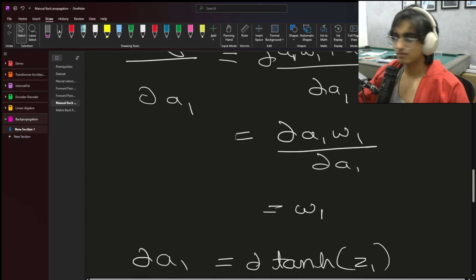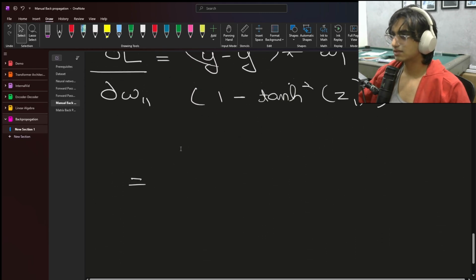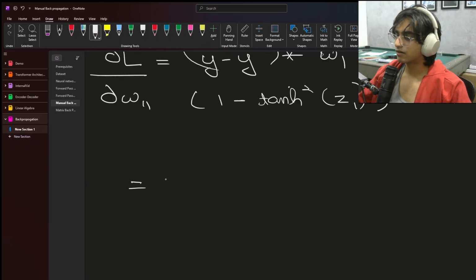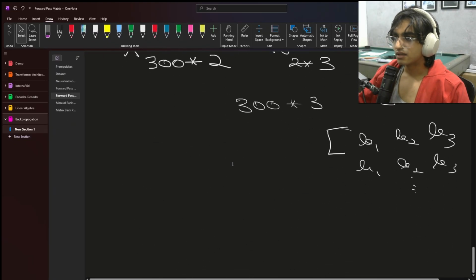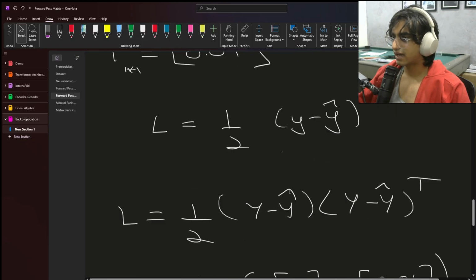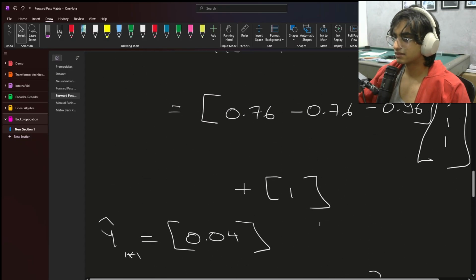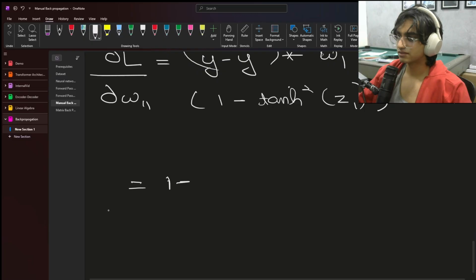So this is going to be 1 minus our y cap, which is 0.04. So 1 minus 0.04.